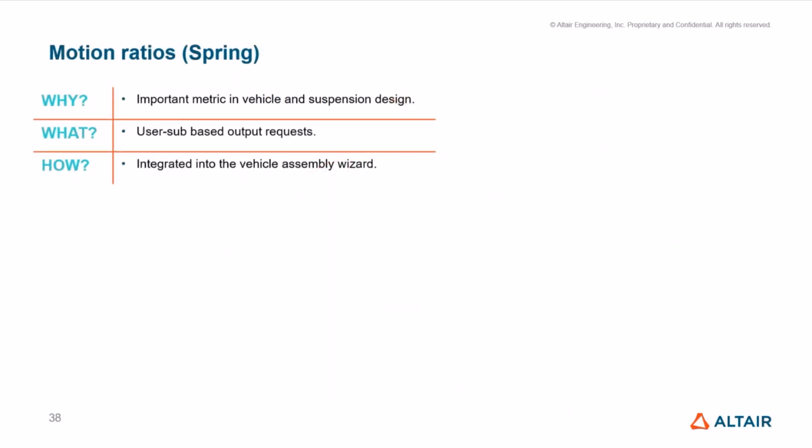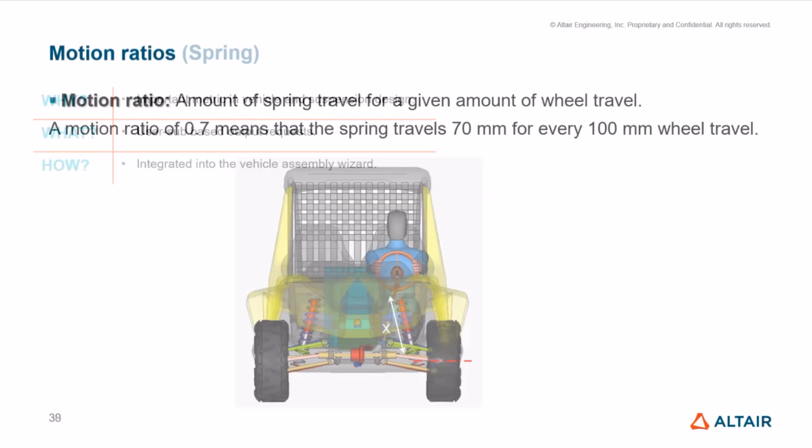Similarly, motion ratios have also been missing for a very long time. Motion ratio specifically for spring has been added in all vehicle libraries, including two-wheelers, small cars, and so on. These outputs are user subroutine based, and all the models that you build using assembly wizard should show these outputs.